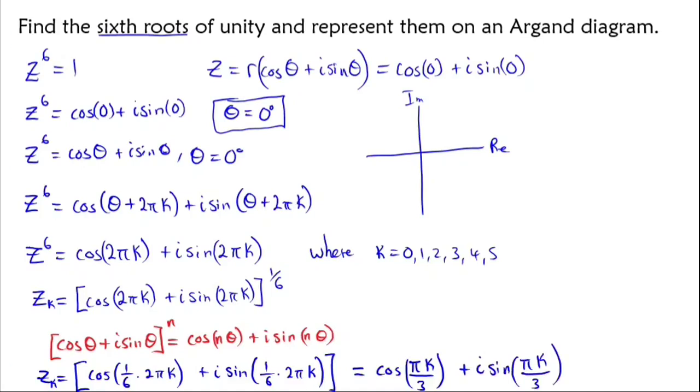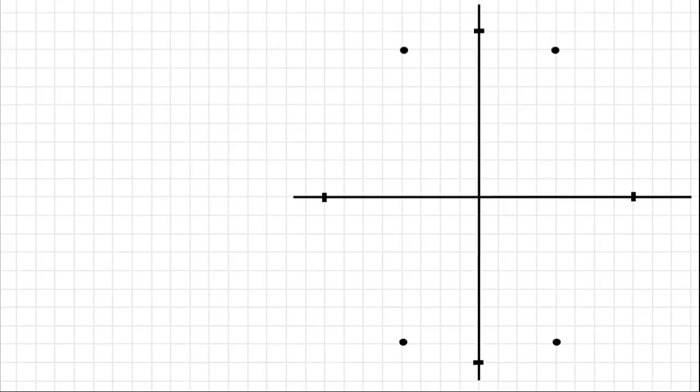All right, so now how do we proceed from here? To start with, what we have as z subscript k is cos(pi k divided by 3) plus i sin(pi k divided by 3).